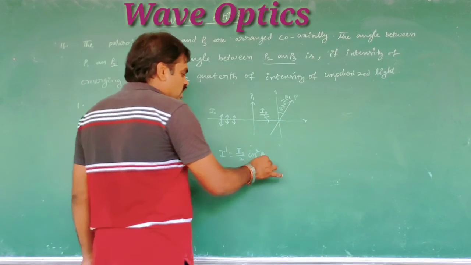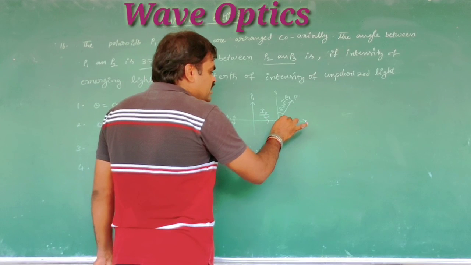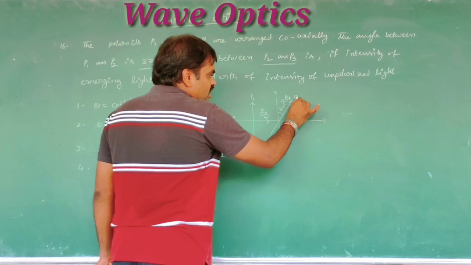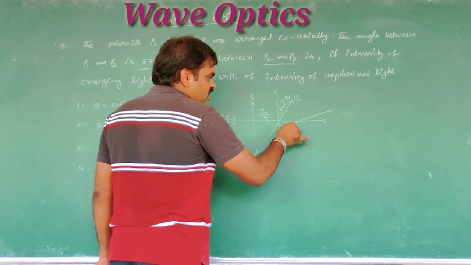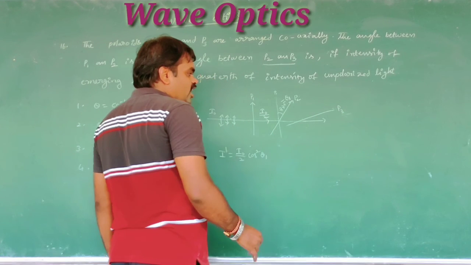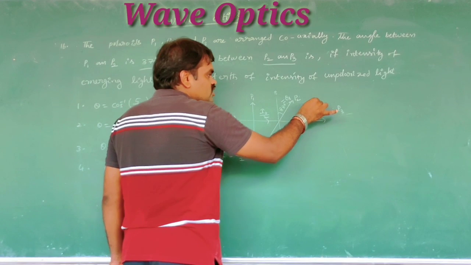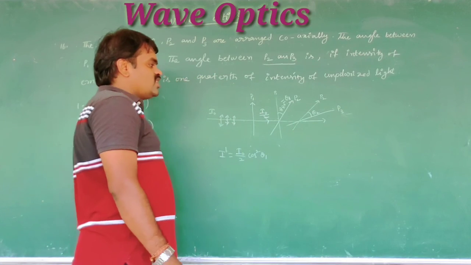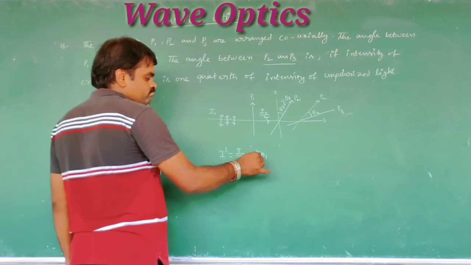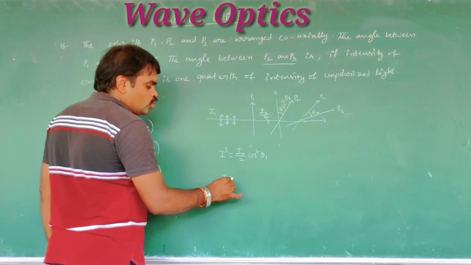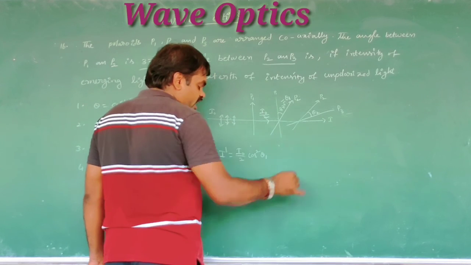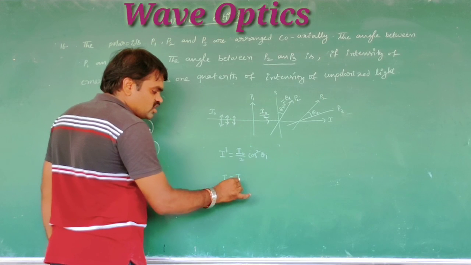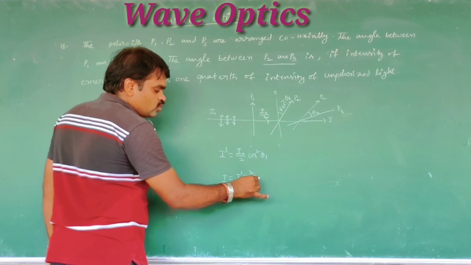Now again this light is incident on P3. The angle with P2 is theta 2. Then I, the intensity of light we are finding, is equal to I dash cos square theta 2.